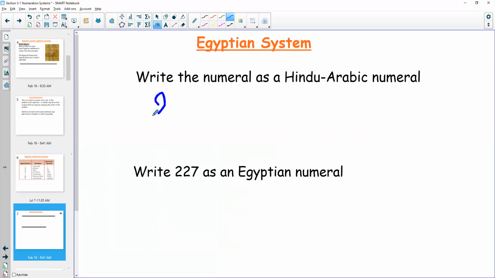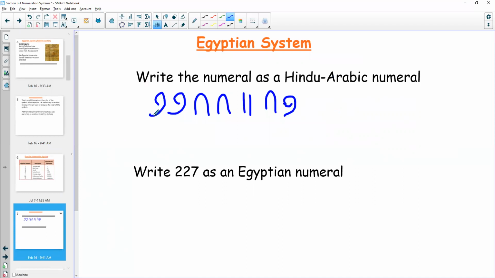So I'm going to draw you a number, and you're going to figure out what it is. Take a second, go back a slide, or rewind a little bit, look at this picture, and figure out what it stands for. Okay?